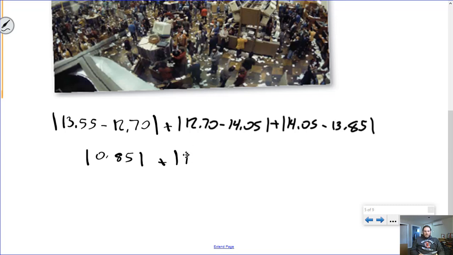But we're subtracting here, so negative 1.35. And then finally, we do this subtraction here. 14.05 and 13.85 is a change of 0.20.